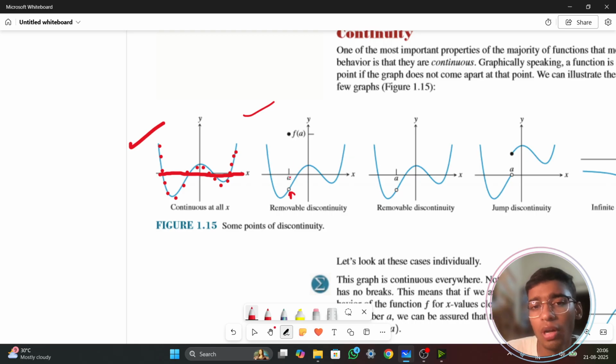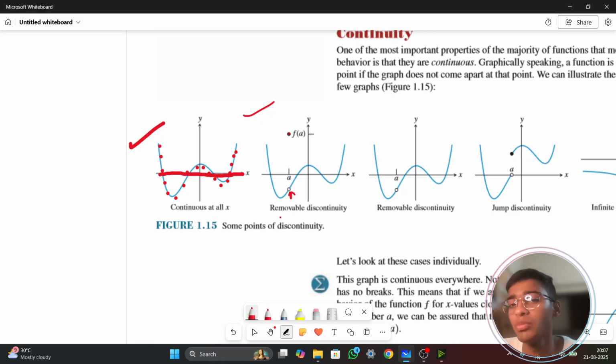That means for x equal to a, I'm not getting any point on my y-axis to tell me that this function is defined. So this function is not defined at x equal to a, because you are getting a hole. And you can see here, this is f(a). For every a, you get a corresponding f(a), and f(a) you will get on y because it belongs to the y set. I made this clear earlier through the two sets.